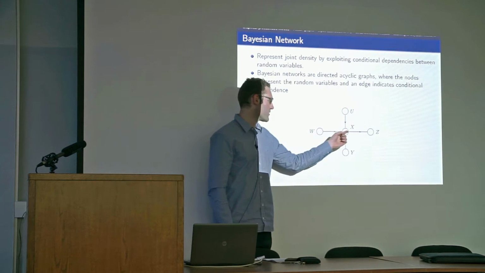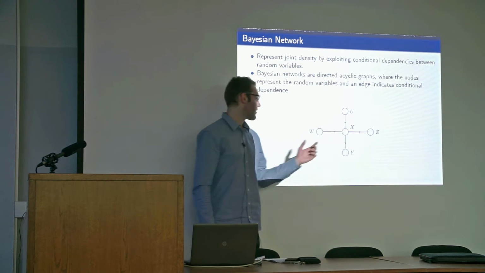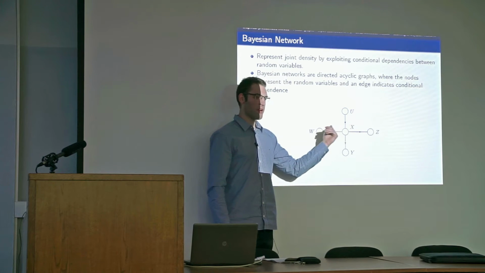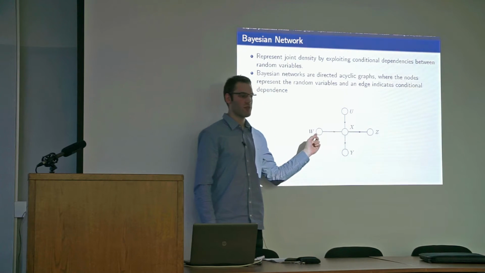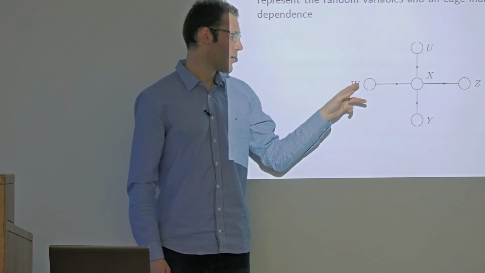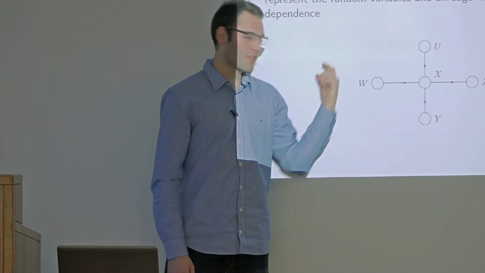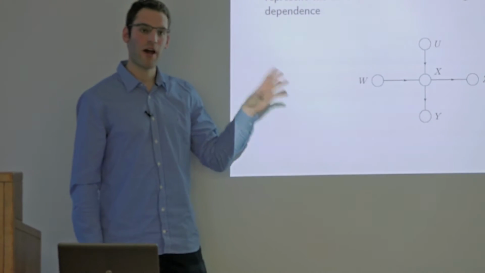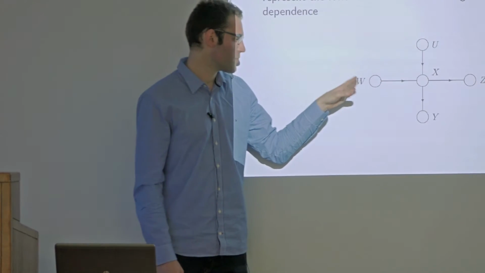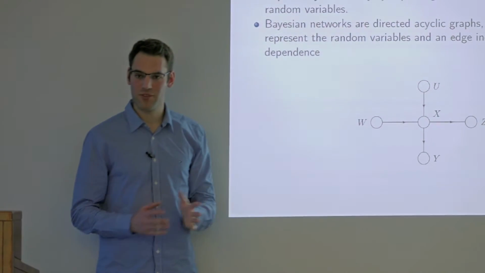Just to give you one hint, you have this node which represents the random variable x, and it is conditionally dependent on these two parents, which are u and w. So one of the factors in the joint density is p of x given u and w. On the other hand, we have w and u, which don't have parents, so there's just a prior on them. So this is a single factor, p of w and p of u. Now I've almost given you the solution.